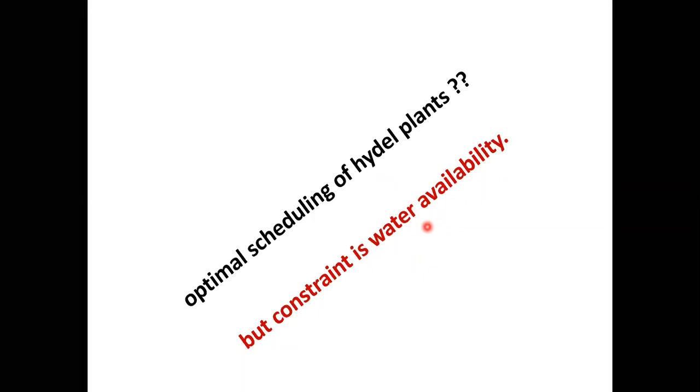So what is the main constraint here? Water availability. For example, in the rainy season, plenty of water is there. But coming to the winter and summer seasons, what about our water availability? Water availability is not so much in summer and winter when compared to the rainy season. So that's why when you are considering hydro power plants, the most important constraint is the water availability.